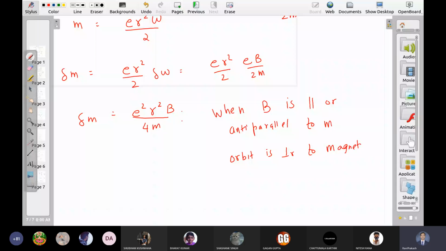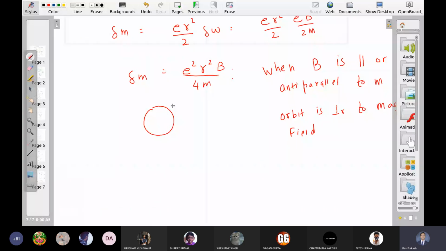So what we actually assumed here is that this is an orbit and the magnetic field is perpendicular to it. We can have a situation like this also. This is the magnetic field. This is the orbit. The orbit is making some angle with the magnetic field.